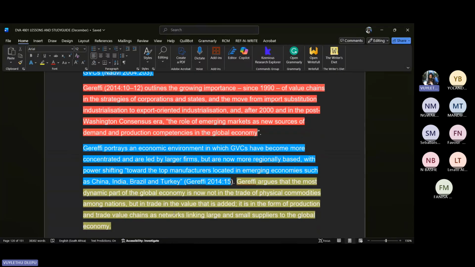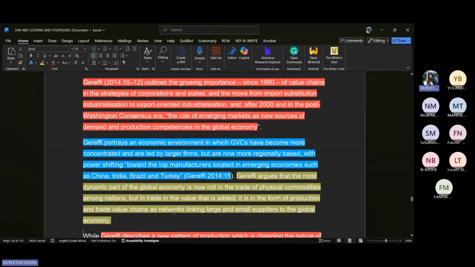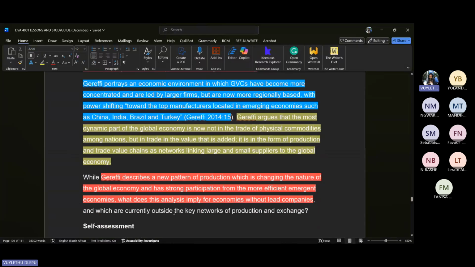It is in the form of production and trade value chains as networks linking large and small suppliers to the global economy. Gereffi describes a new pattern of production, which is changing the nature of the global economy and has strong participation from the more efficient emergent economies.